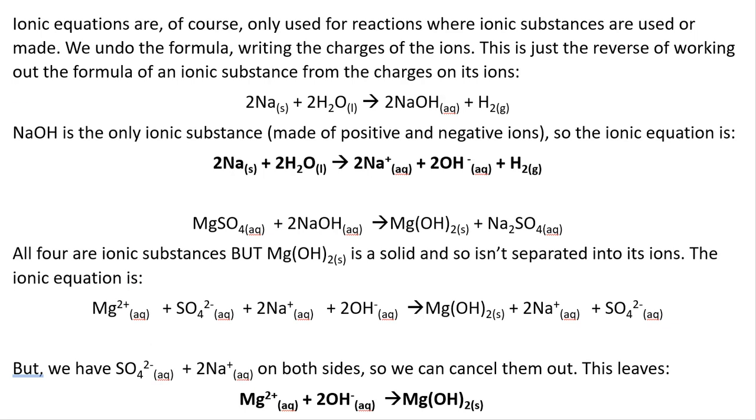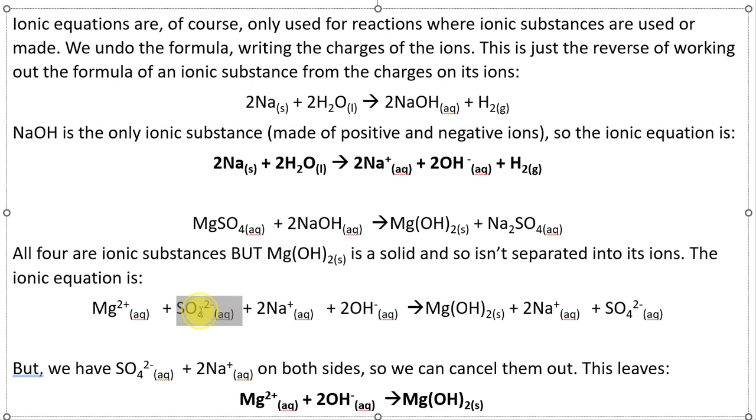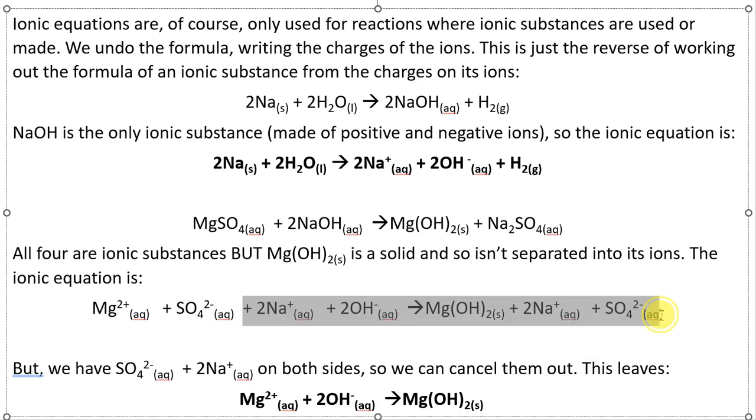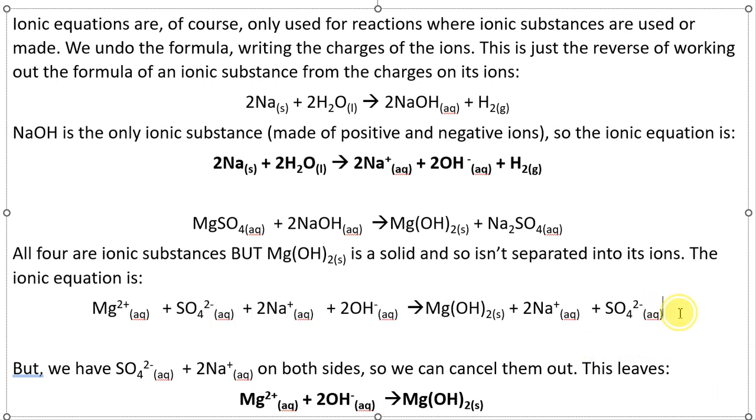The arrow in the middle is telling me how things change in going from the reactants to the products. I've got SO4 2 minus to begin with. I've got SO4 2 minus at the end. Nothing changes.